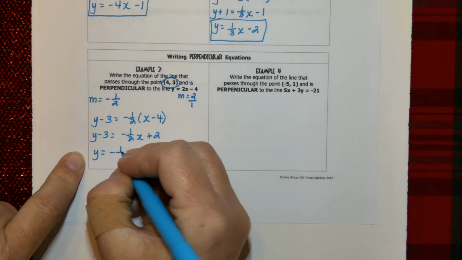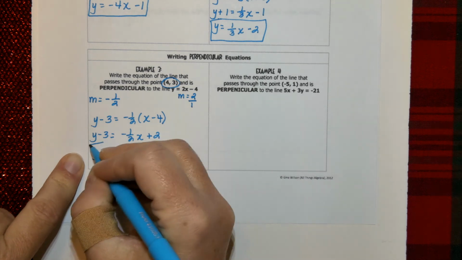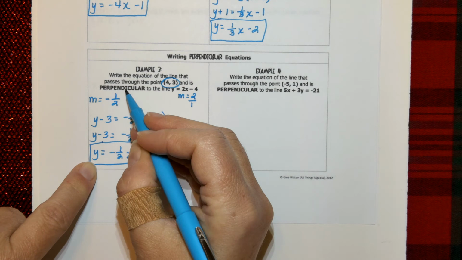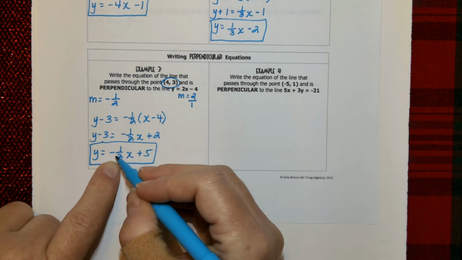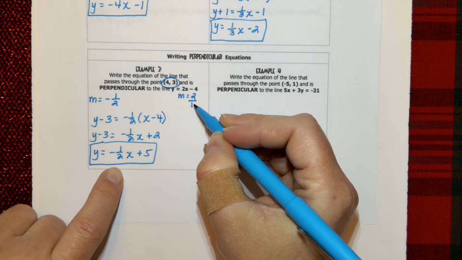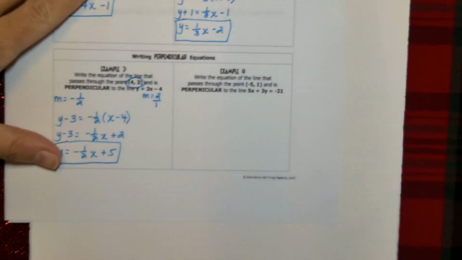Half of 4 is 2. And solve for y by adding 3 to both sides. There you go. You just wrote the equation for the line that's perpendicular to this line and passes through the point 4,3. Again, notice the slope. Negative 1/2, positive 2/1. Those are definitely perpendicular.